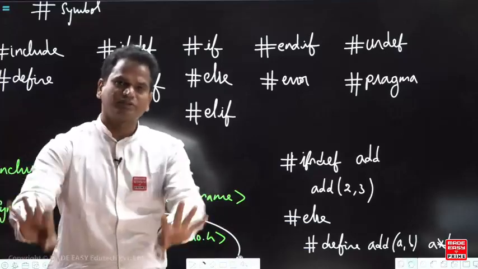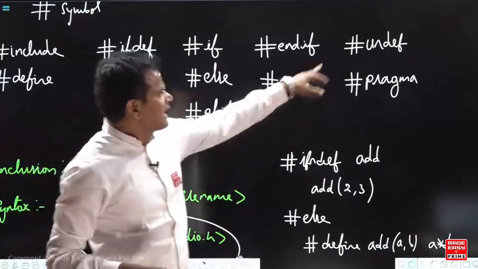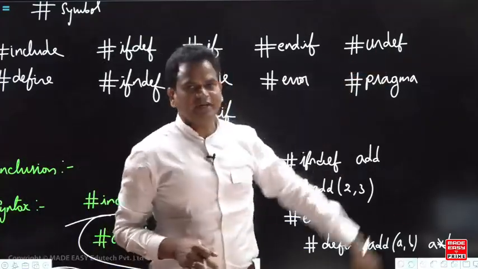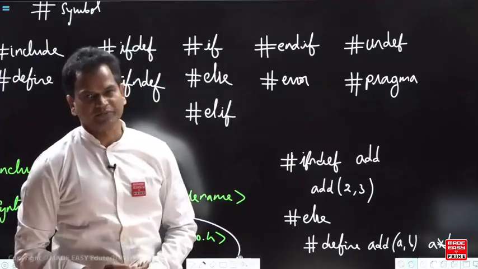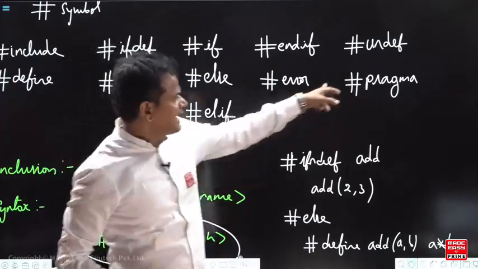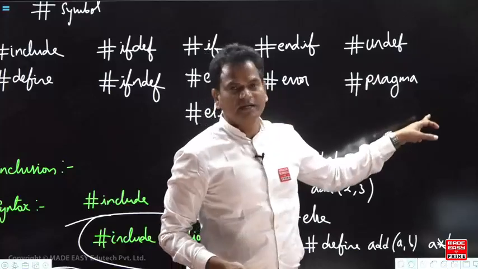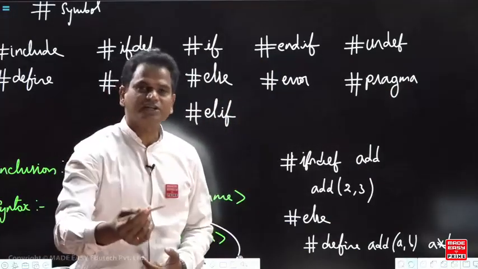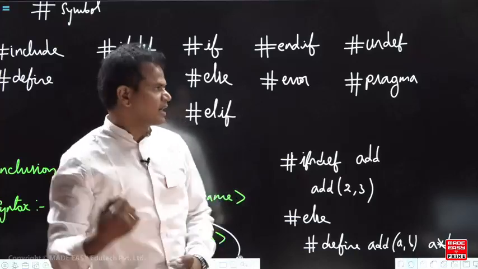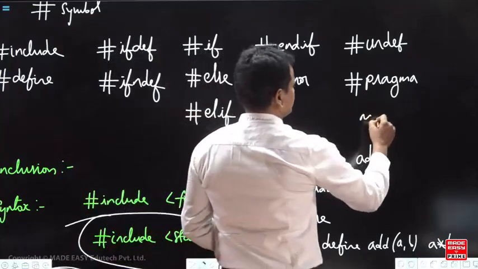Without anything, it just prints the error. #undef is used for undefining a defined macro. Already I have given one example. And #pragma is used to call a function before and after the main function.